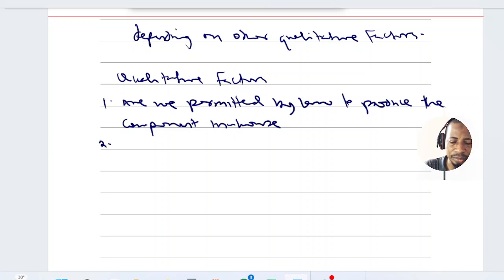Then number two, before you go into production, you must ensure that you have the technical know-how or expertise to produce the components.